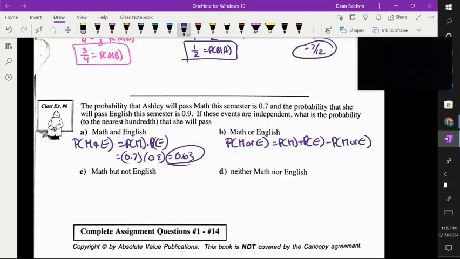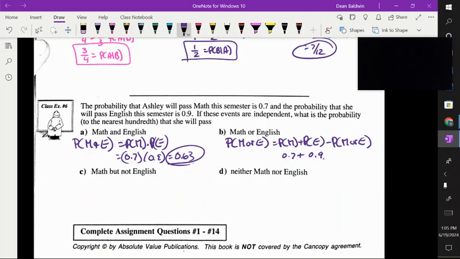The probability she passes math, 0.7 plus 0.9. And as soon as you see that, you know they have to be not mutually exclusive because 0.7 plus 0.9 is over 1. And you can't have a probability over 1, right? 160% chance.